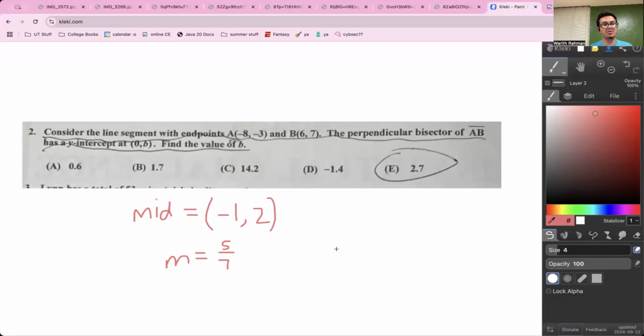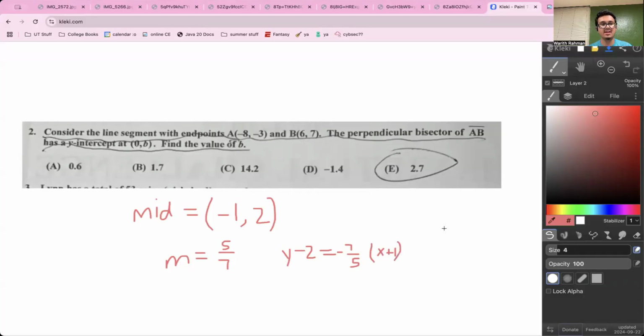And we further know that this passes through the point -1, 2. Using slope-intercept form, we can write this as y minus 2 equals -7 over 5 times x plus 1. Okay.